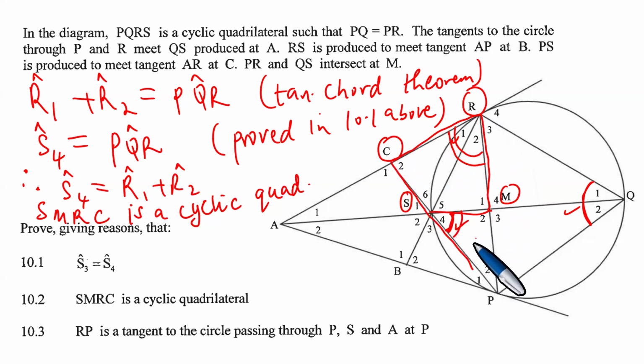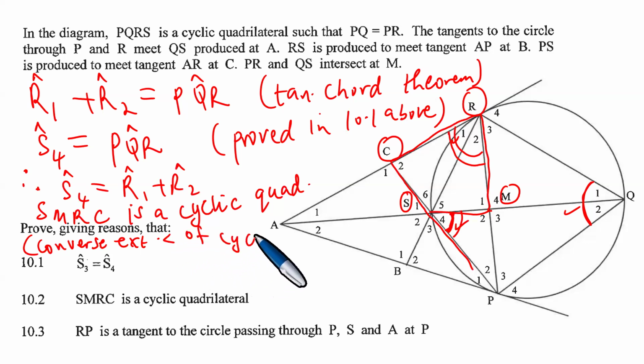Just watch this. So the angle S4 is equal to R1 plus R2, and the reason for this is the converse of the exterior angle of a cyclic quad.